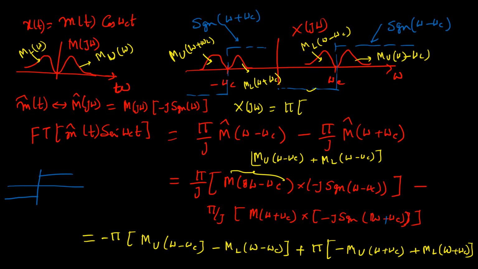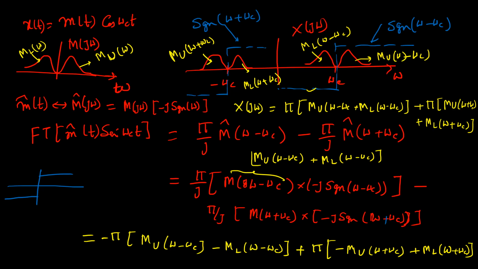That we can write as two terms, M_u of omega minus omega c plus M_l of omega minus omega c, and this is plus again pi, lower side, M_u of omega plus omega c minus M_l, it is a plus sign again, it is omega plus omega c.